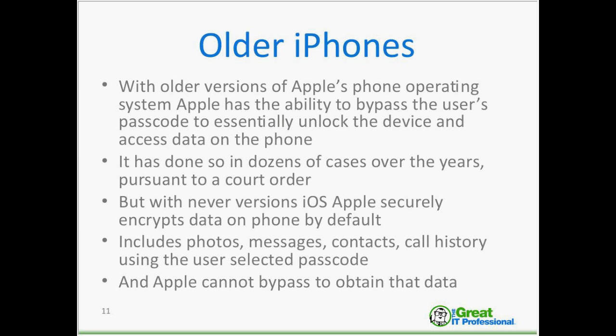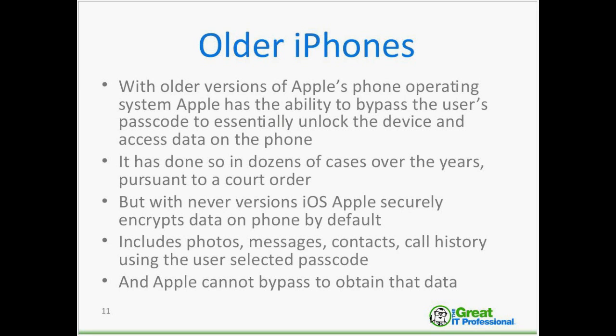In older versions of Apple's phone operating system, Apple had the ability to bypass the user's passcode so that Apple could essentially unlock the device and access data on the phone. And it had done so dozens of times over the years, pursuant to a court order.